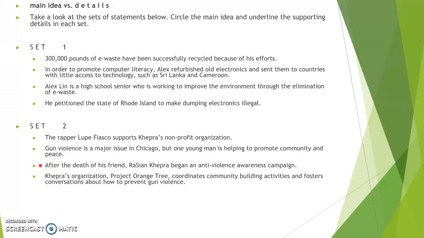After the death of his friend, Rashawn Kempra began an anti-violence awareness campaign. And then bullet point 4, Kempra's organization, Project Orange Tree, coordinates community building activities and fosters conversations about how to prevent gun violence. So again, think about what is the main idea, what is this mostly about, and then think about which ones are the supporting details.